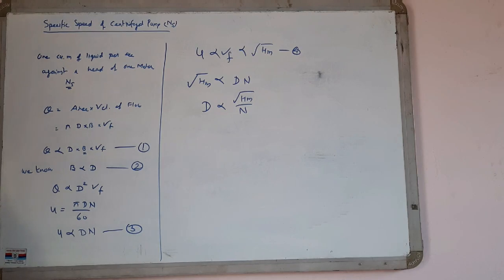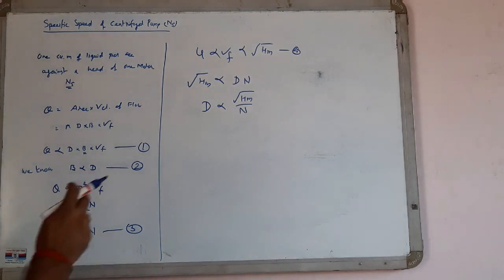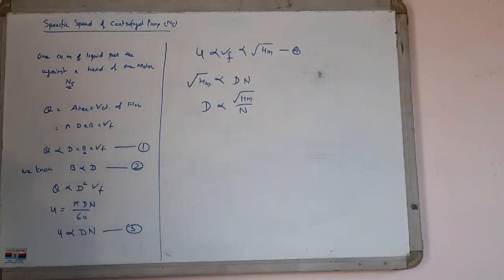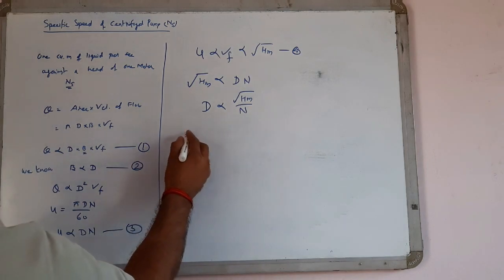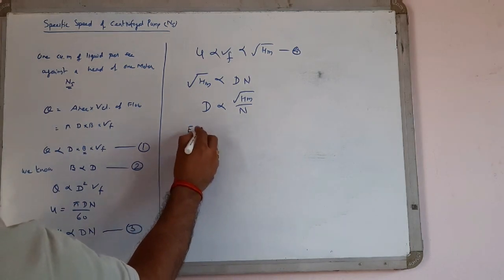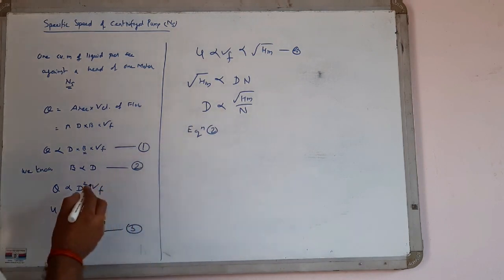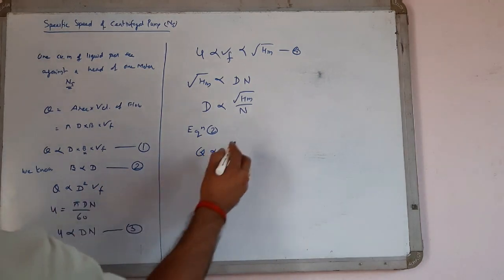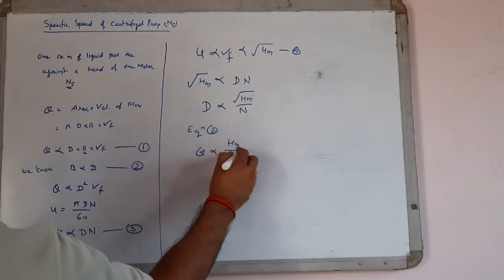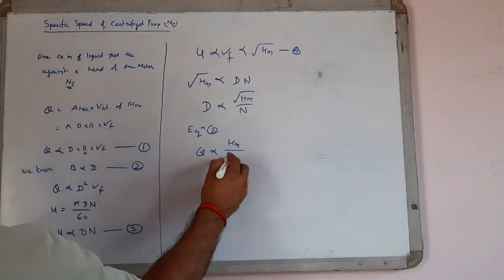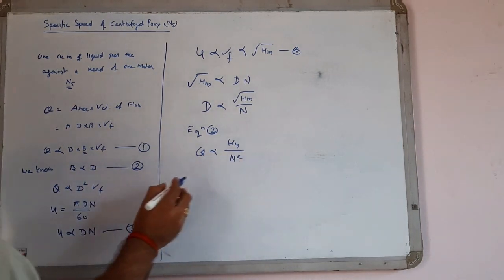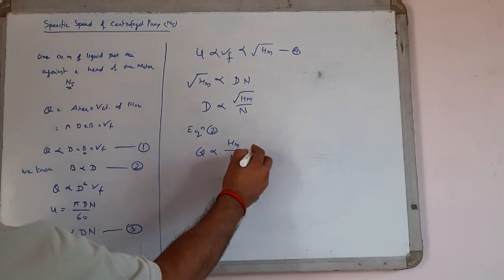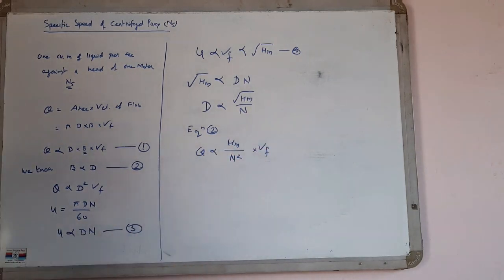Now, substituting the value of D in equation 2, Q is proportional to Hm by N square into Vf.